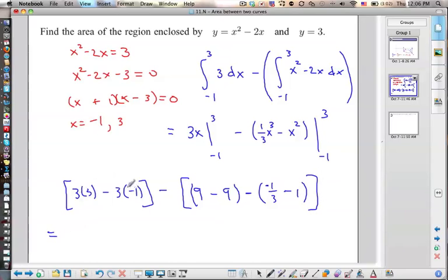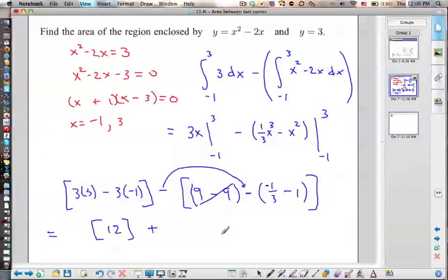So 9 plus 3 is 12. Minus, a negative times a negative, so we have -1/3 minus 1. That's minus 4/3. Minus times minus is plus, so this is minus 4/3.